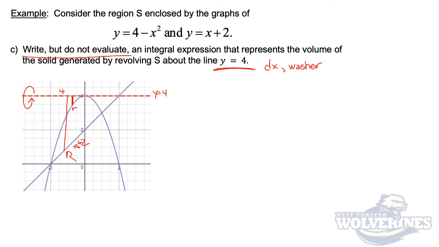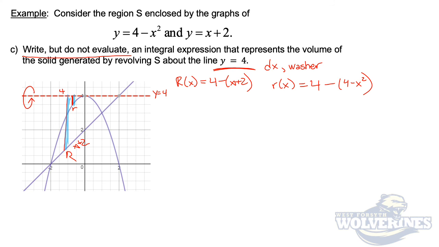Now notice this time, this one's a little bit different because that top minus bottom, the 4 is going to be the top for both radii this time because it is greater than both of these graphs because it's higher up. So for big R, it's going to be 4 minus the line x plus 2 because it's farther away. So it creates a larger radius. So that's big R. Little r is also top minus bottom, right? And it's 4 minus the curve.